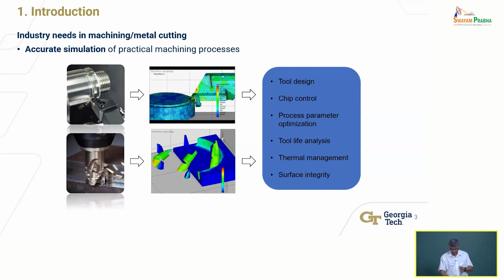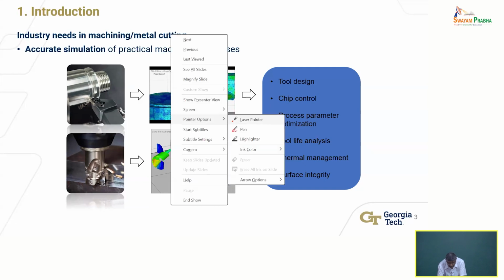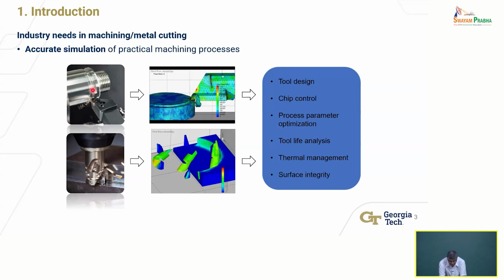And you see some pictures of turning. Let me see if I can get a pointer. So you see a typical longitudinal turning operation. You see here a 3D simulation, or a snapshot of a 3D simulation, simulating the interaction between a cutting edge, such as in a turning process, and a rotating workpiece.